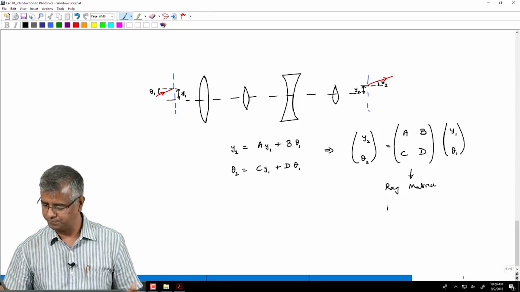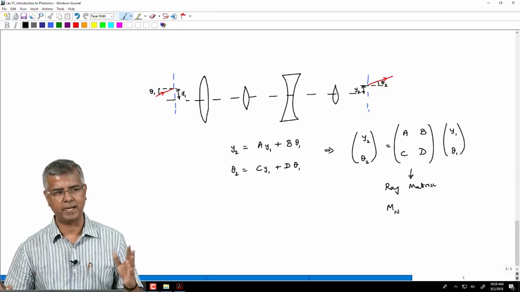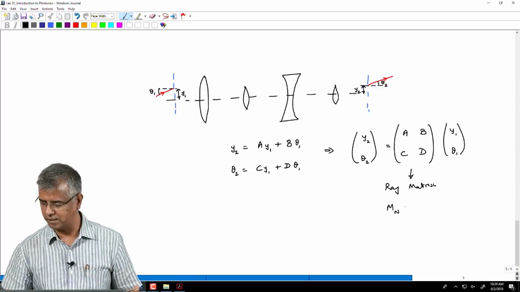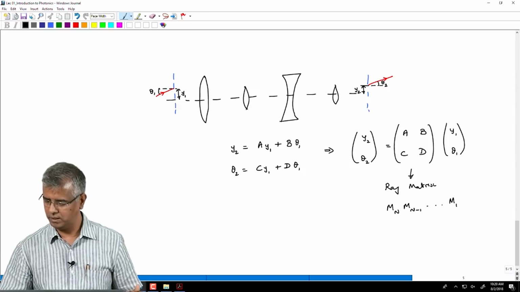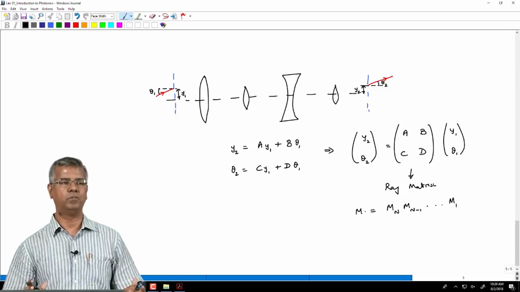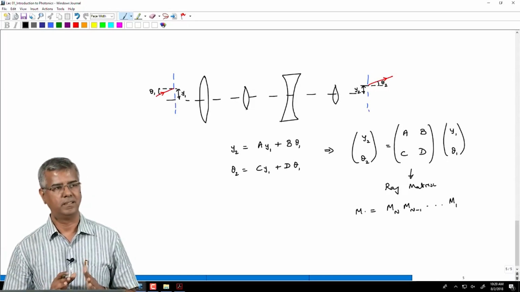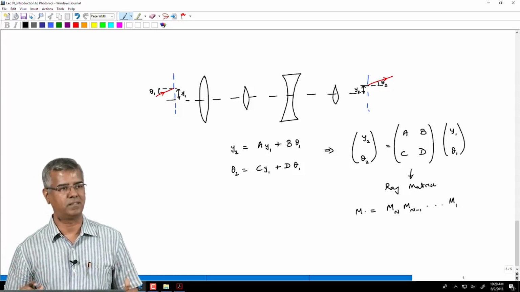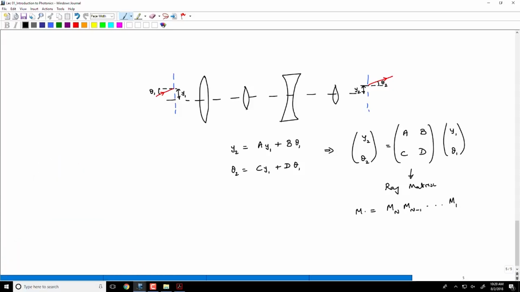Okay. So, you say, let us say there are n such occurrences, Mn, Mn minus 1 and so on up to M1. This would be the effective matrix that defines this entire thing. Let us just take one quick example and see how this works.